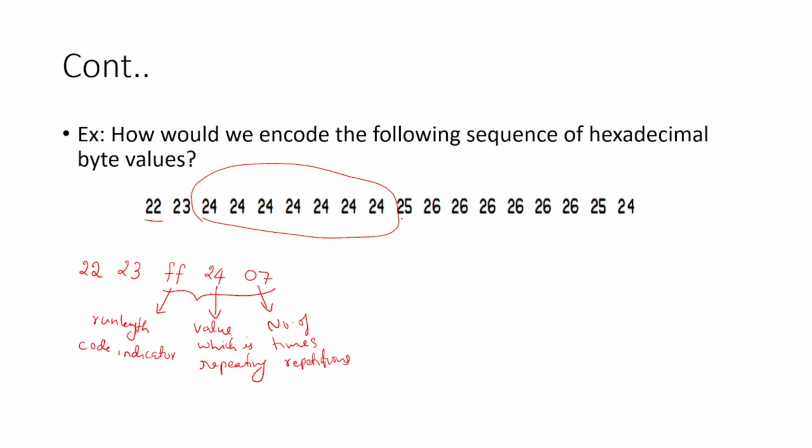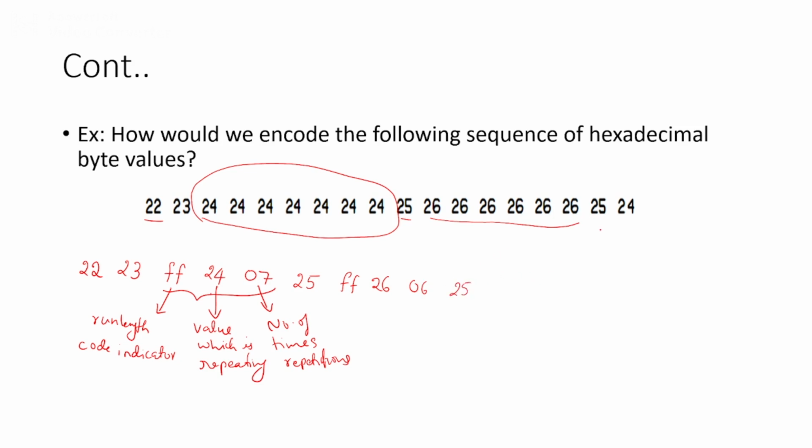Now comes 25, which is not repeating, so I will write it as it is. Then comes 26, which repeats 6 times, so I will write the special code indicator F, then 26, then how many times? 6 times it is getting repeated. Again comes 25, but it is not in succession, so I can write it as it is.